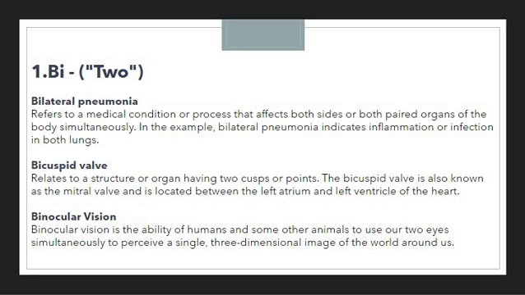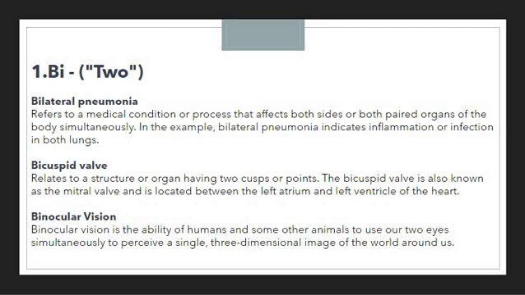The first example is bilateral pneumonia. This term refers to a medical condition or process that affects both sides or both paired organs of the body simultaneously. So you can see we have that sense of both. Both means two, both sides, both paired.